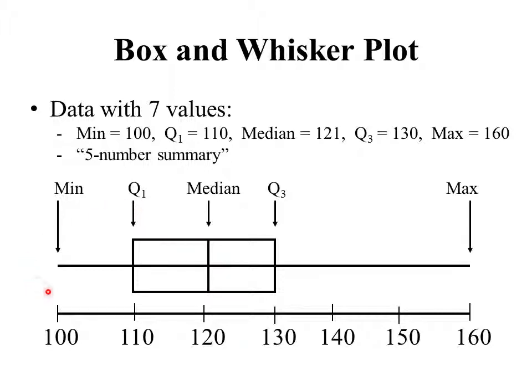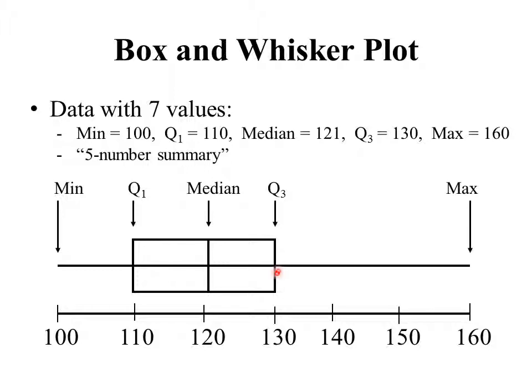And then we're going to connect these to look like this. So this is what we call a box and whisker plot. You see the box here, and these horizontal lines are called the whiskers. This box and whisker plot gives us an idea of the distribution of our data. We have 25% of our data values down here in this whisker, 25% in between these two vertical bars, another 25% here, and then another 25% up here in this whisker.